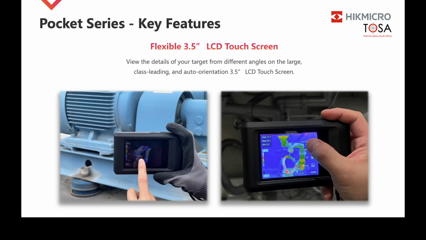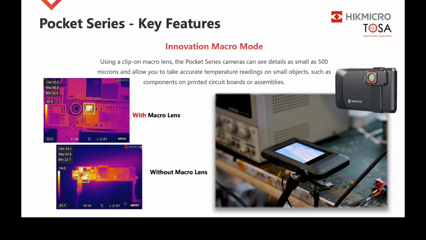Very nice screen on there, 3.5-inch LCD touchscreen. Then one of the key features that we also have on the Pocket 2 is what is known as a macro lens. Now at the top left-hand image there, you see using the macro lens you can really zoom into an electronic component like you see over there.